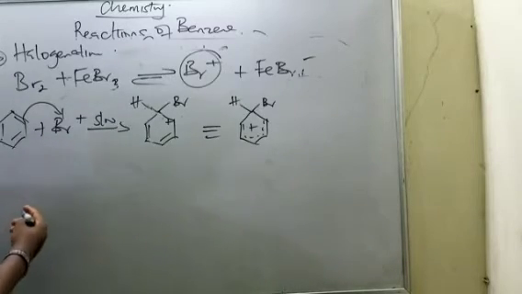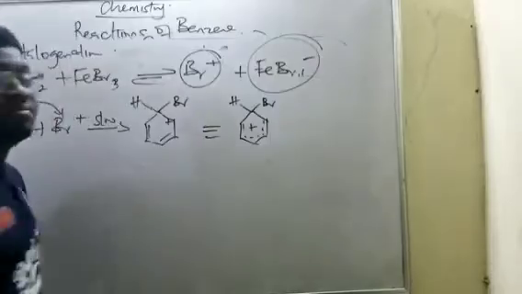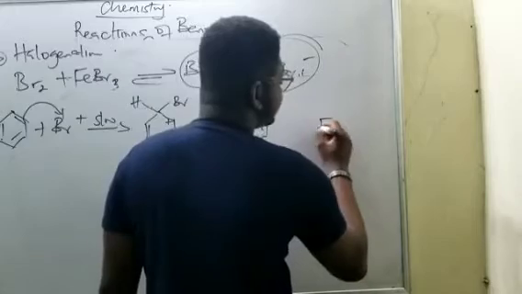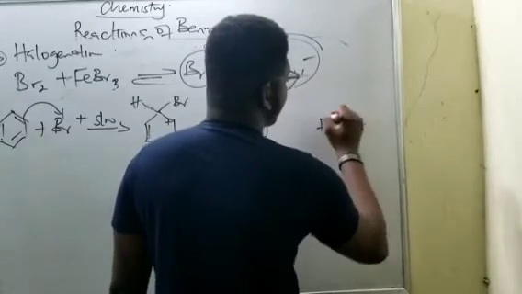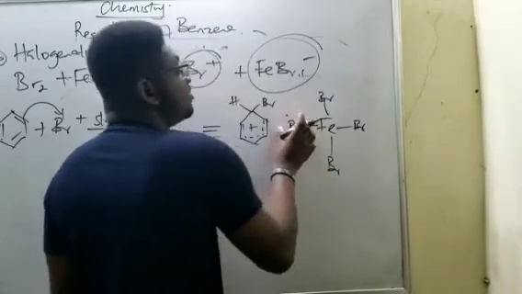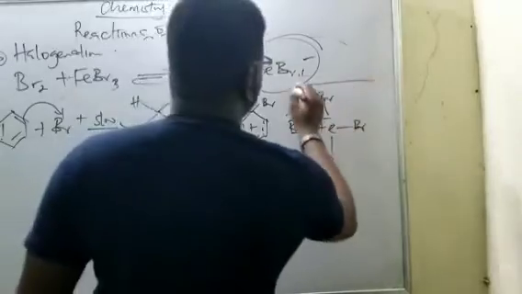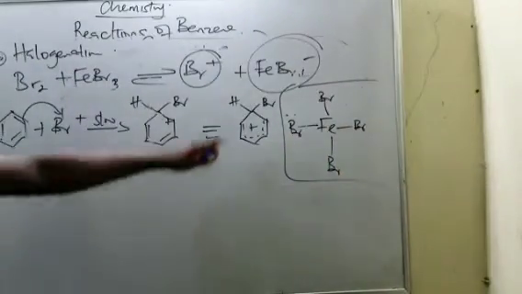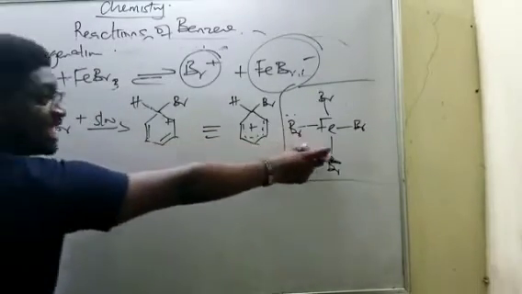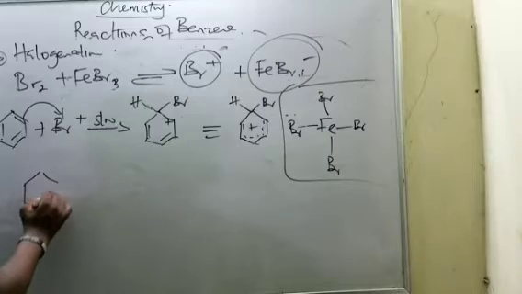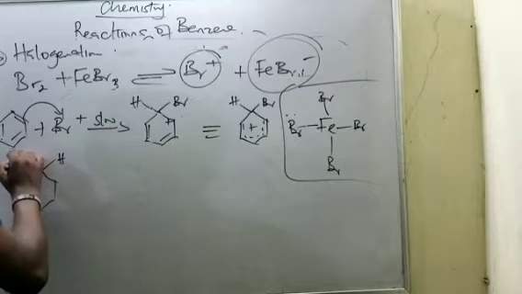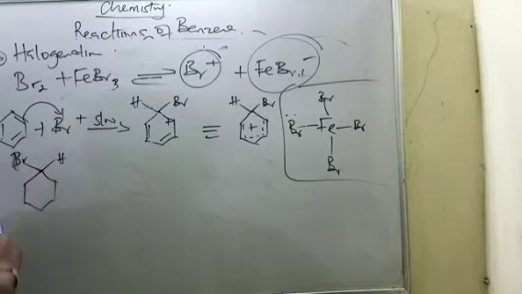So how is the hydrogen being lost? From this complex, remember that we have 4 bromine atoms. One of the bromine atoms can attach itself, abstracting this hydrogen as a proton. Let's just say I'm picking one of these.